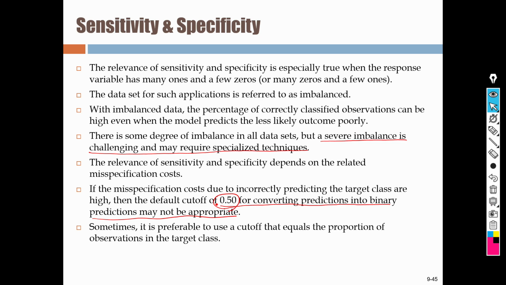Why? The misclassification cost is something like this. When we do the COVID-19 test, what is the cost if we predict yes, even though the patient doesn't have the COVID virus? Maybe he has to take some kind of pill, some medicine, and he will be quarantined.